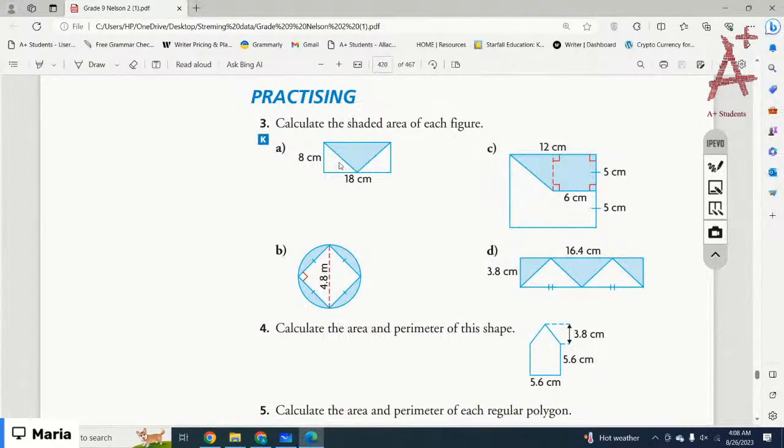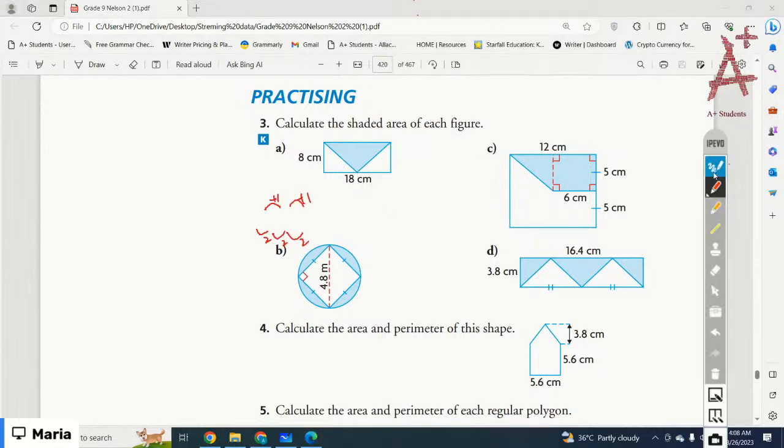We know that the area of a right triangle would be length times width over 2. If you can see, this is exactly the midpoint, right?